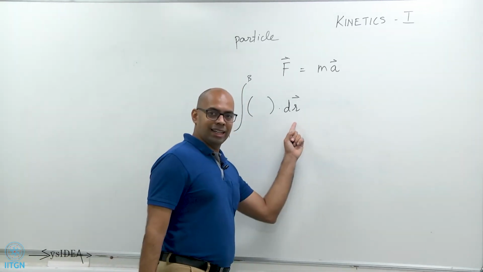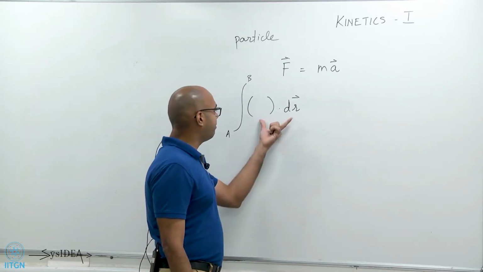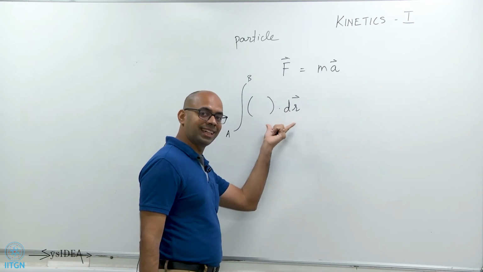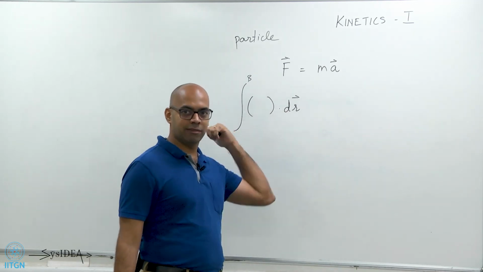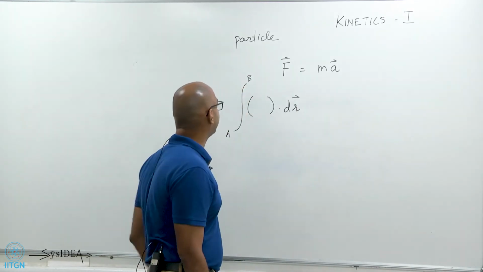Here dr is a vector, so we really have to talk about a dot product, and remember this is a scalar. Unlike impulse momentum where both sides of the equation had vectors, now you will have scalars.